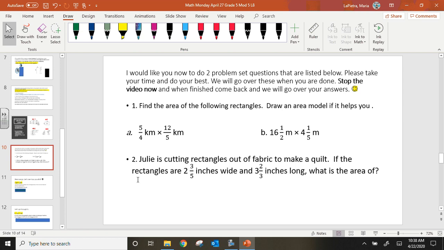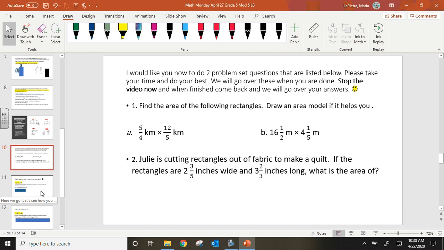If the rectangles are 2 3/5 inches wide and 3 2/3 inches long, what is the area? Length times width. Again, these are mixed numbers, so you can use either the distributive property, like we just did, or you can use the change the mixed number into an improper fraction strategy, like we just showed. Okay, so go ahead and do those.